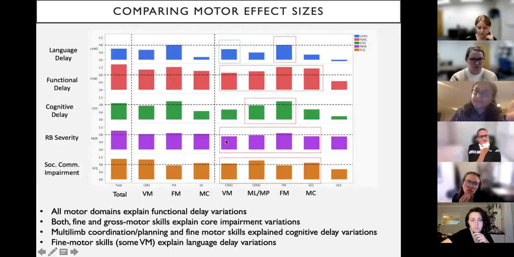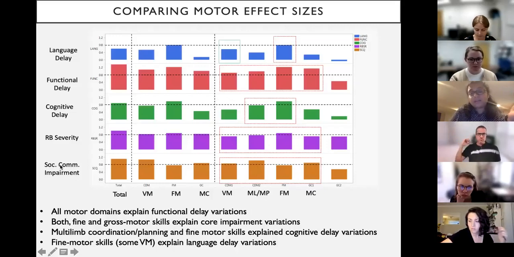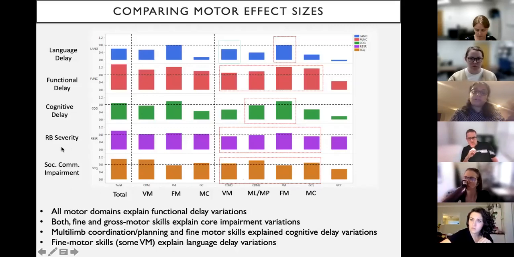It is slightly more for fine motor, but it's pretty close to 0.8 for these other domains as well. So in terms of core impairments, both fine and gross motor impairments are explaining the variation in these other core impairments, suggesting that those motor issues are related to the pathology of autism. They are not some other pathology underlying autism.